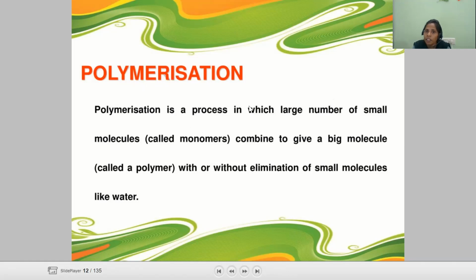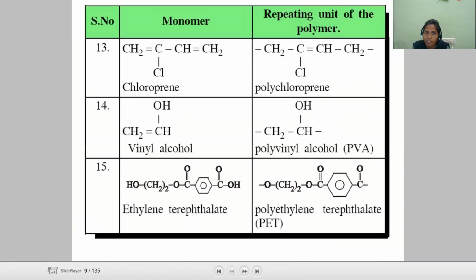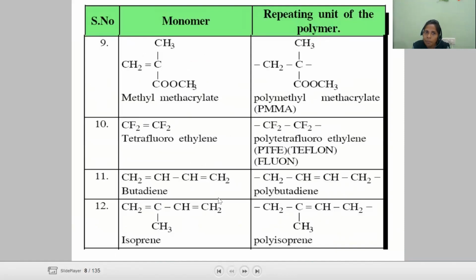But here, how is the polymer synthesized? A large number of small molecules combine to give a big molecule. How is the big molecule synthesized? With or without elimination of small molecules. In the previous examples, in all these examples, there is no elimination of any molecule.